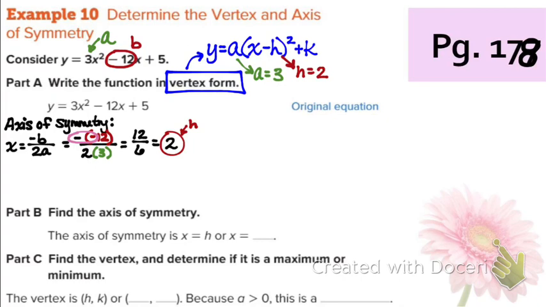How do I find K? Put H back into the original equation. So I'm going to have y equals 3 times 2 squared minus 12 times 2 plus 5. Sub in 2 for x to find k.